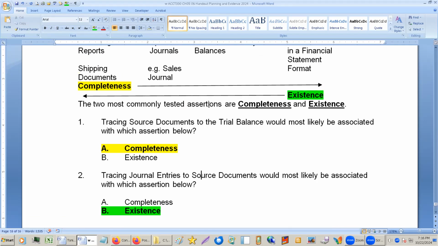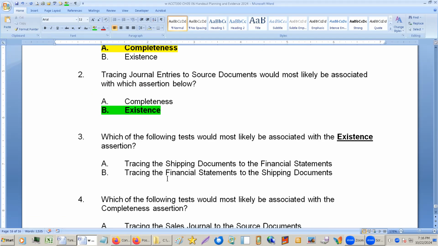Actually it would be the other one. So existence is going from the financial statements back. So tracing from the financial statements to the shipping documents. So these things in the financial statements, do they exist? They say their sales are whatever, $5 million. Do these sales exist? You go back to the shipping documents to see if those sales actually are there.